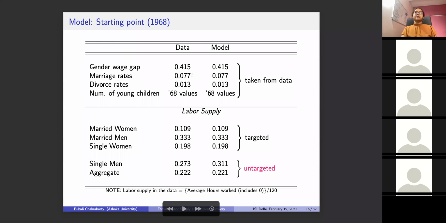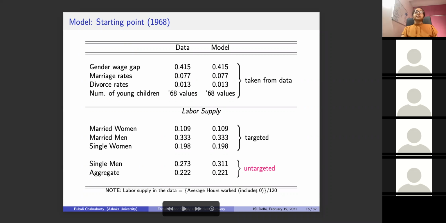These are my starting points, the 1968 values. The lower panel shows the data and the model counterparts of labor supply. What do I mean by labor supply here? In terms of the data, I calibrated to the average hours worked, where the average is calculated accounting for all those who do not work at all.